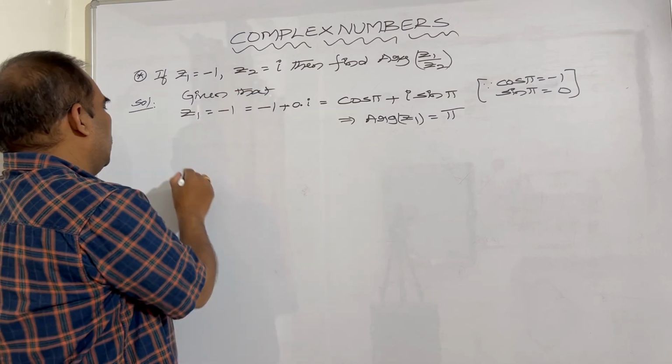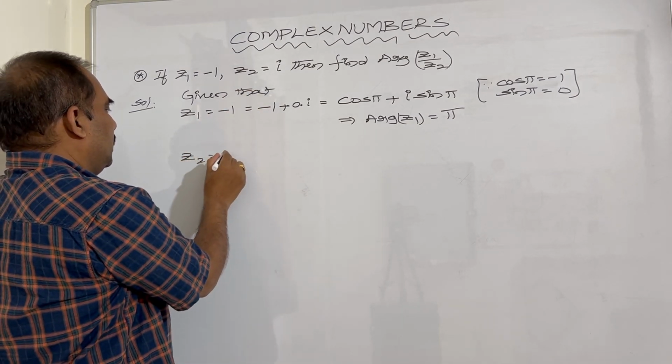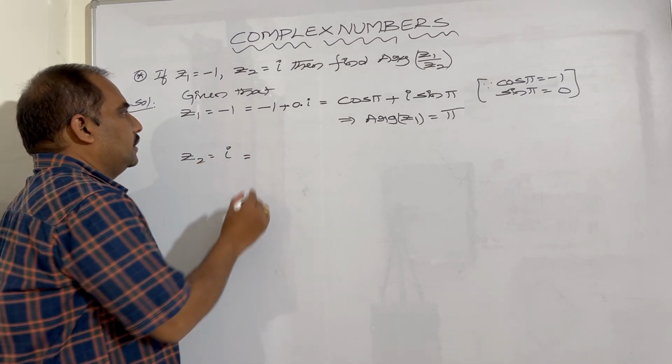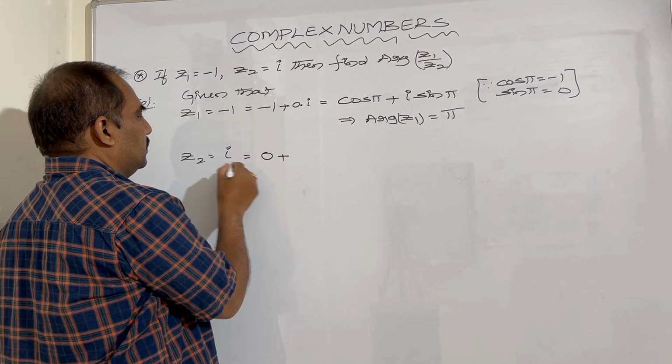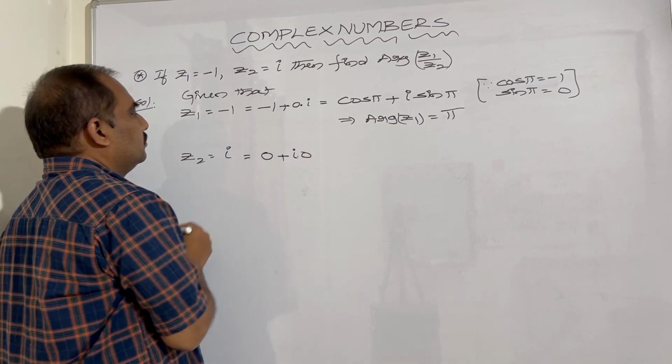So similarly, given z2 is equal to i. It can be written as 0 plus i into 1.